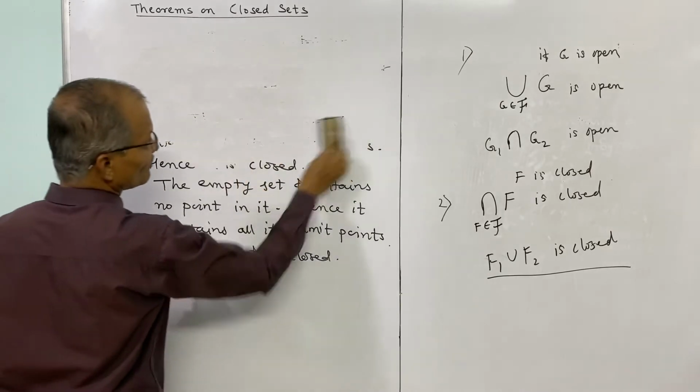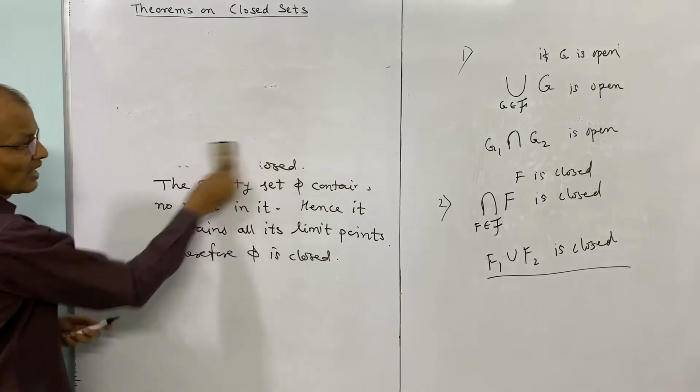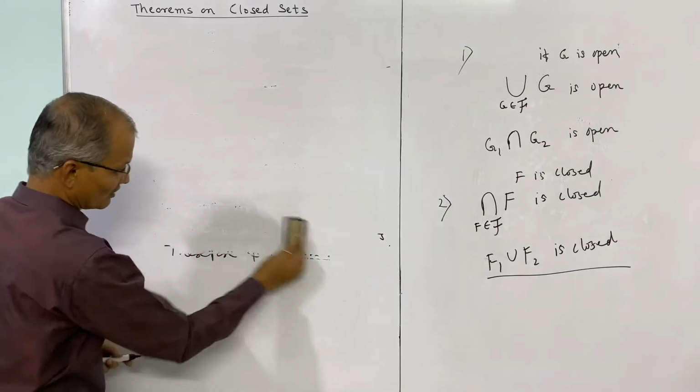If F1 and F2 are closed subsets of a metric space M, then F1 union F2 is also closed.